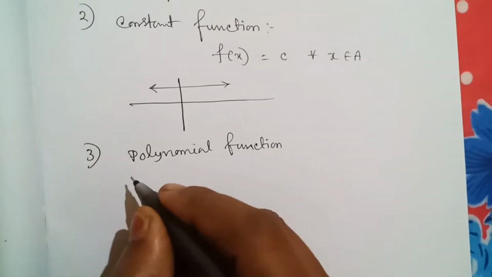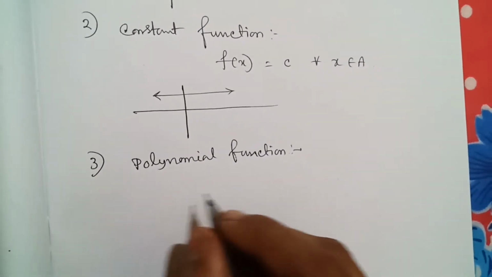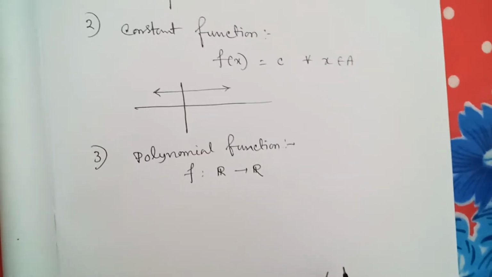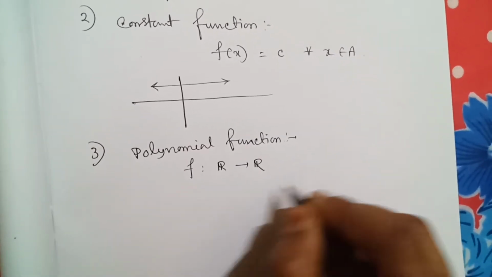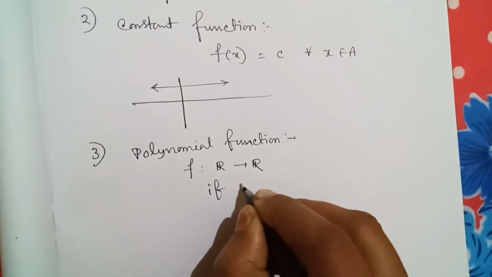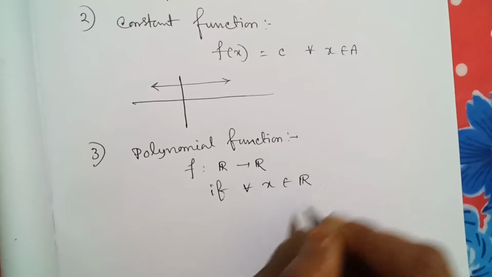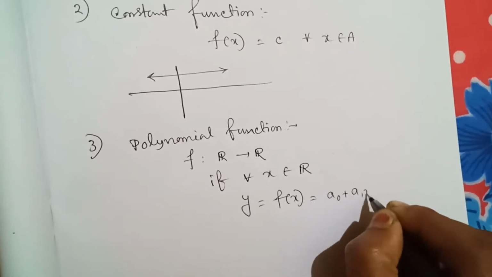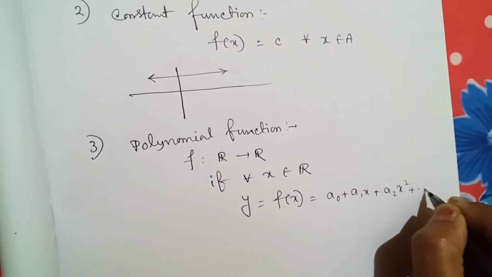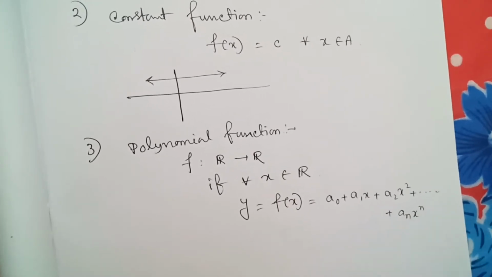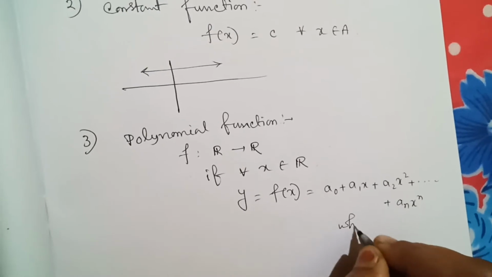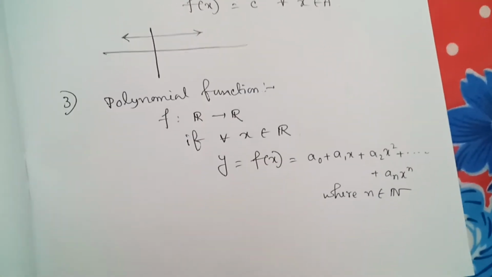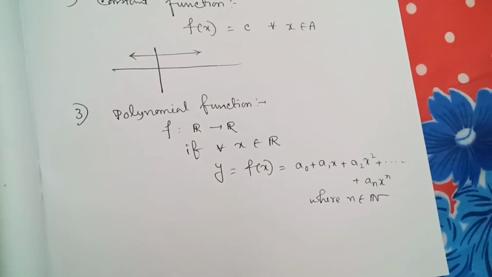So polynomial function means, suppose a function f from R to R will be a polynomial function if for all x belongs to capital R, y equals f of x equals a0 plus a1x plus a2x square plus dot dot dot plus anx to the power n, where n belongs to the natural number set.